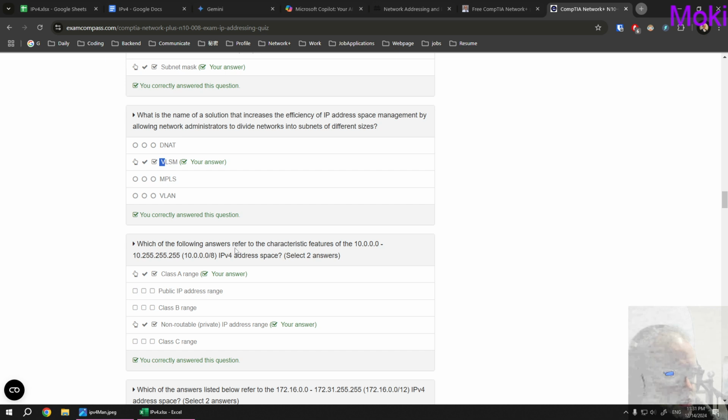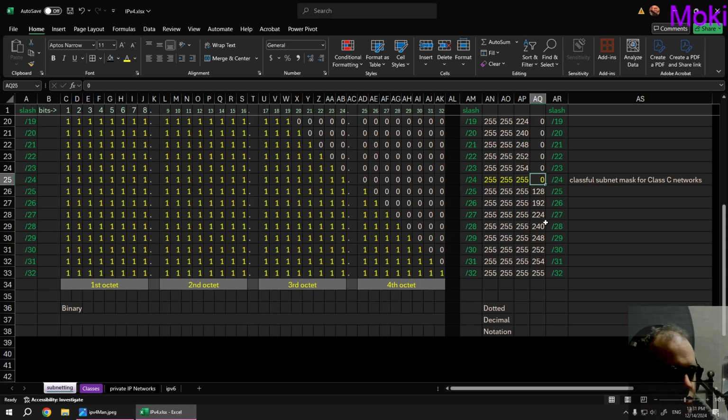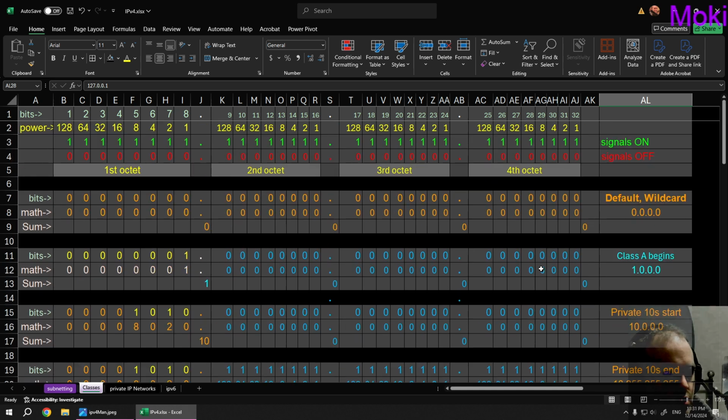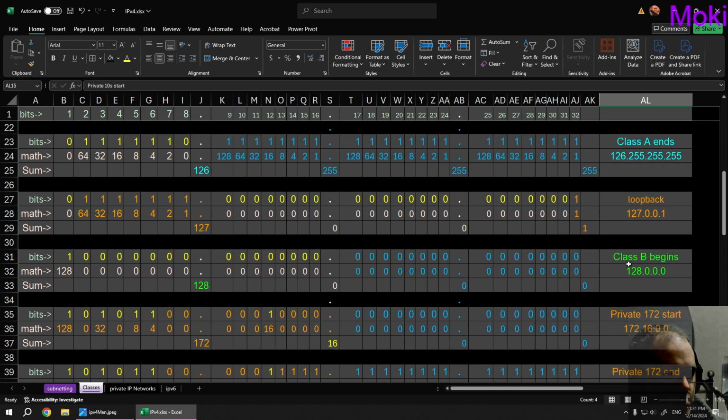Which of the following answers refer to the characteristics of 10, so that's Class A, but it's private. There's a Class A private, Class B private. So Class A private, that's the 10s.